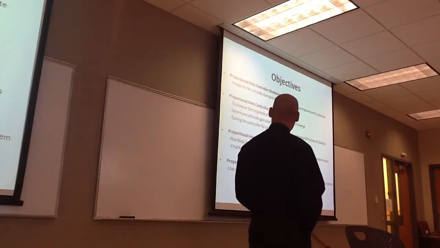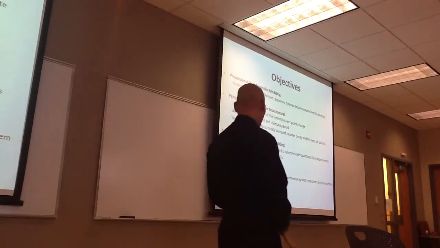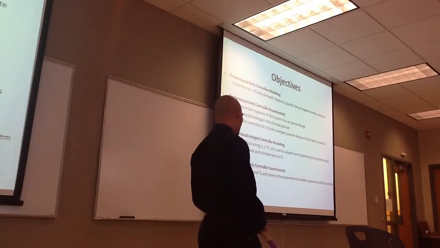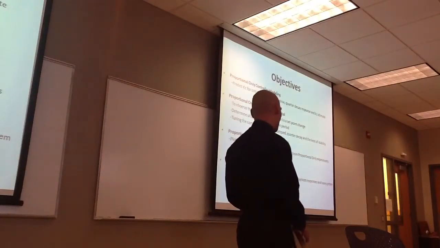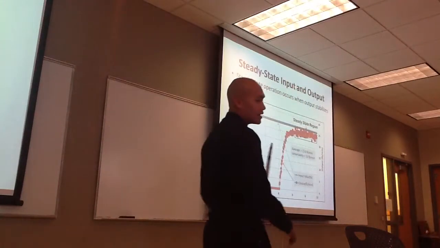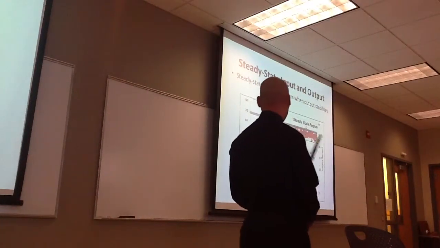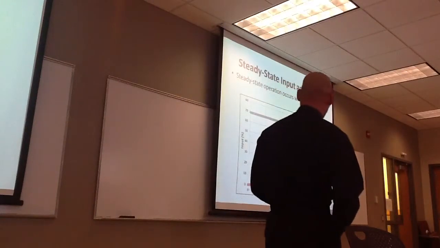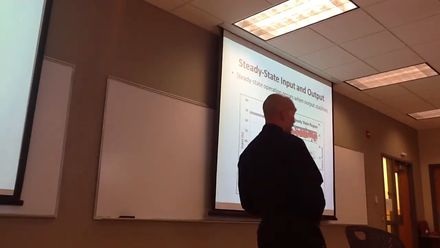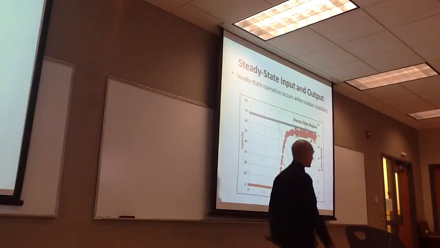Proportional only control experimental: use the values of Kc and Tu, observe the experimental system responses, and tune the system. For steady state input and output, the steady state operates first when output stabilizes, and that's the region we're in.